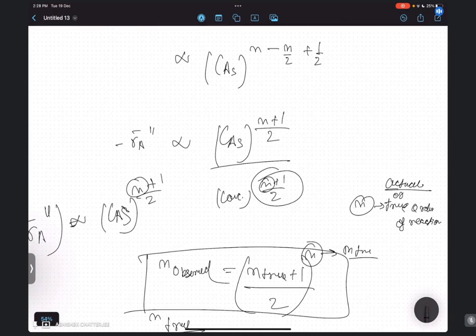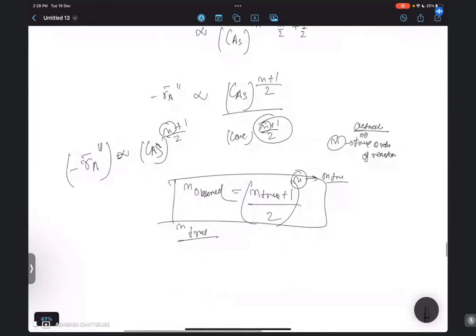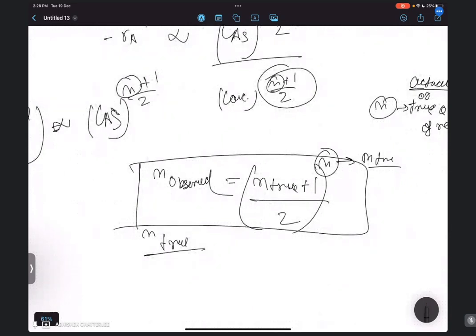It should have been n, that is your normal actual order of the reaction, but it is coming as n plus 1 divided by 2. So from here we derive the concept that in case of strong pore diffusion regime, our n observed order of the reaction that is actually observed is equals to n true plus 1 divided by 2. ये क्लियर है?